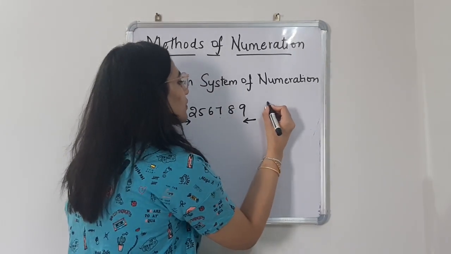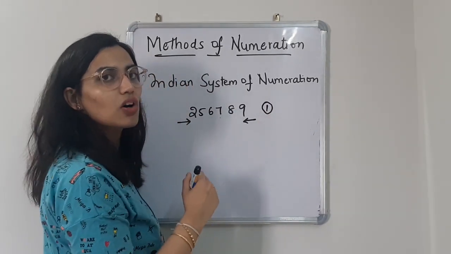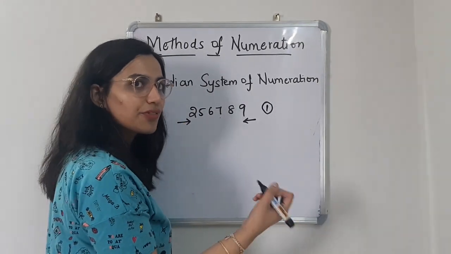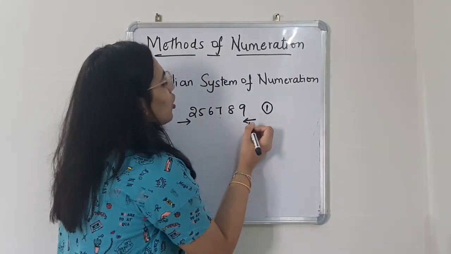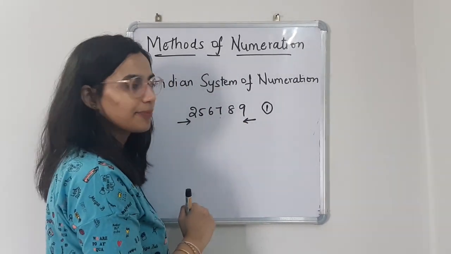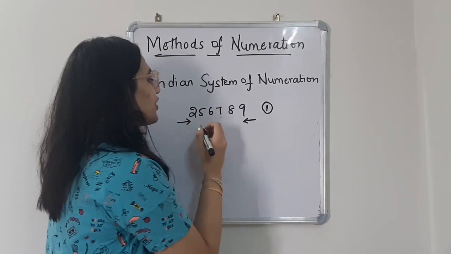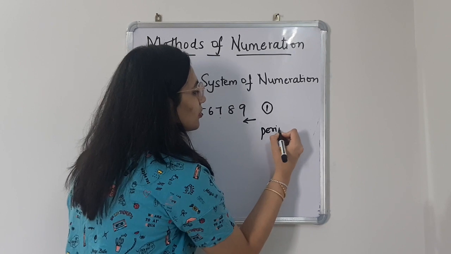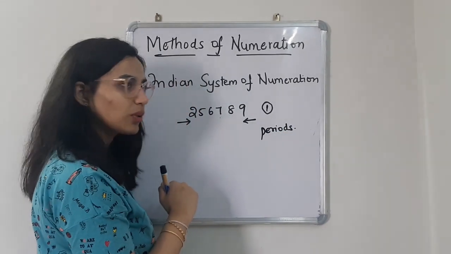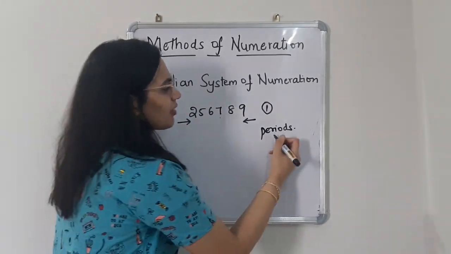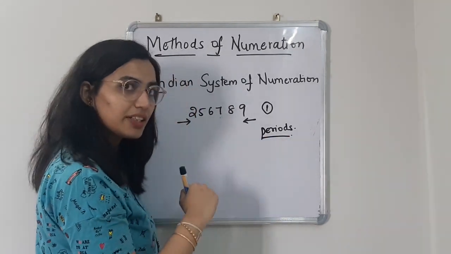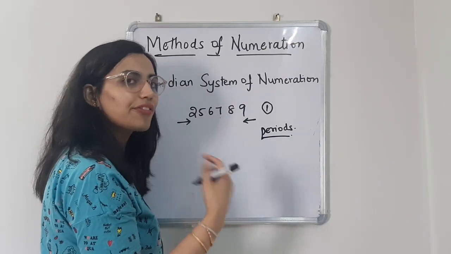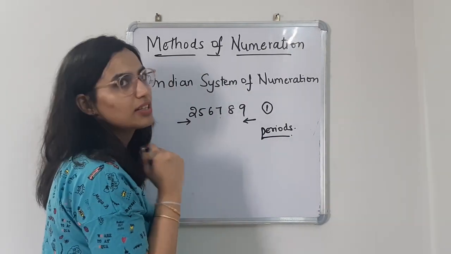This is one of the properties common between the two systems. Even for the international system of numeration, we use commas from the right hand side. The second thing is we divide these numbers in the form of periods. Even in the international system, we divide the numbers into periods, but as I told you, there is a different terminology or a different way of expressing those numbers.